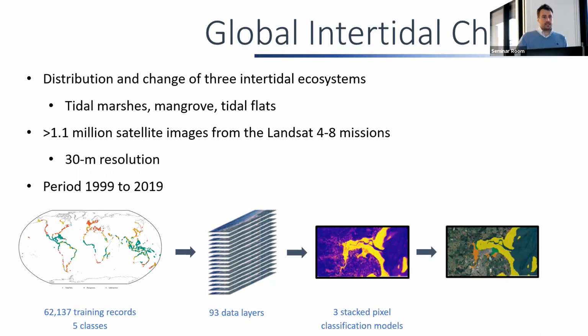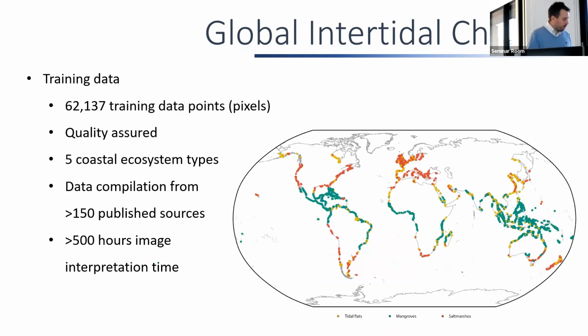It basically goes in a system of training records to data layers to 3 stacked classification models. And I'll give you an example of some of the outcomes of this. I think one of the key things with all these types of analysis is the training data that underlies this.